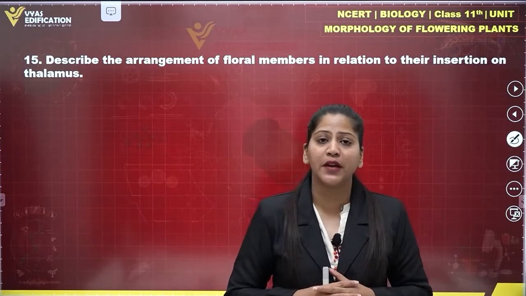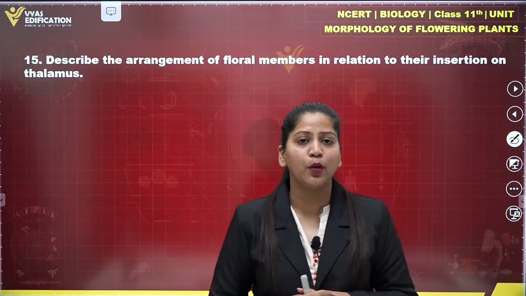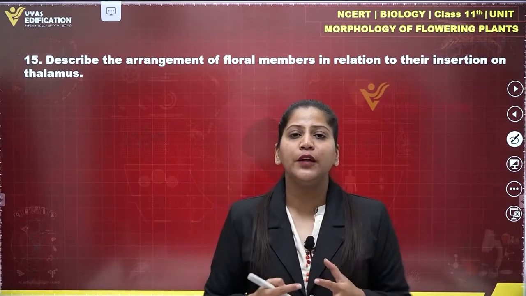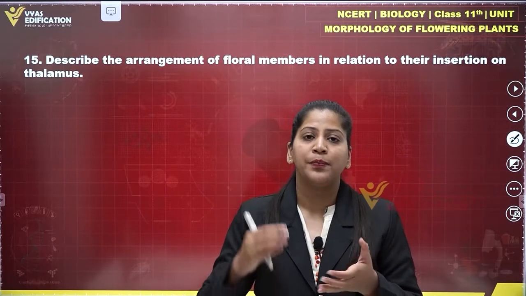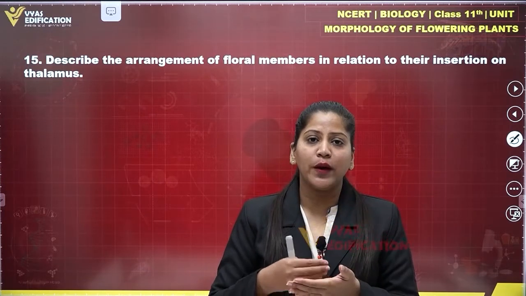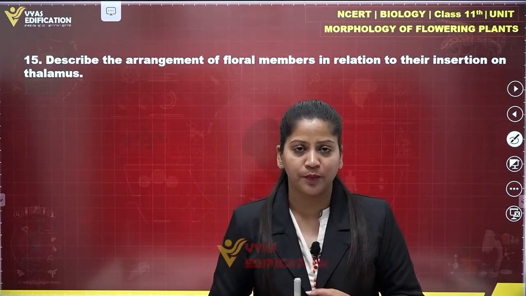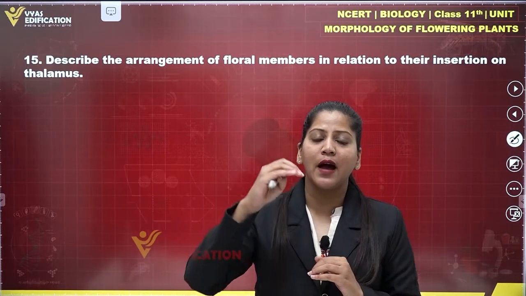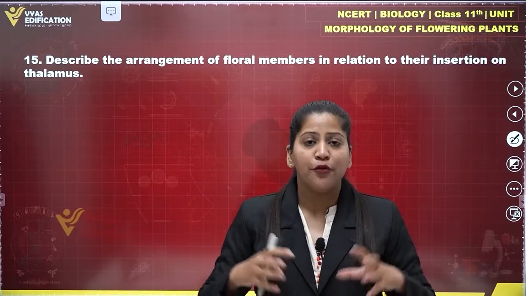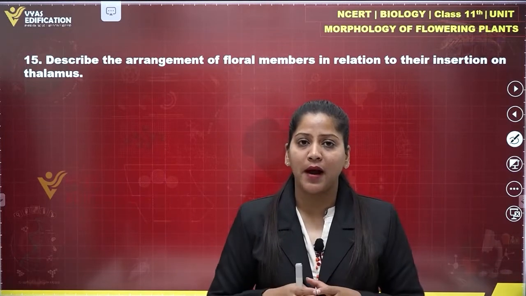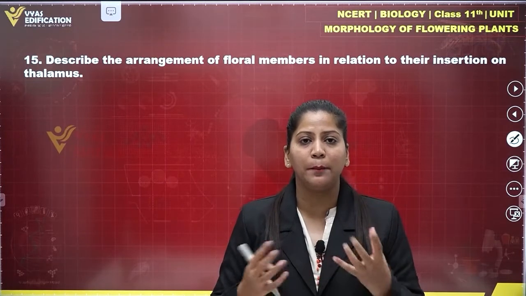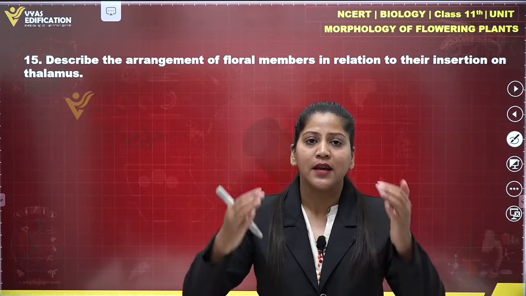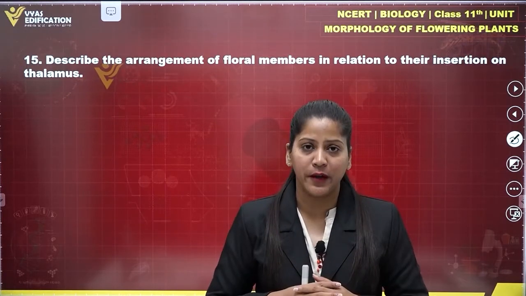If we talk about the very first type of flower, that is hypogynous flower, in these type of flowers, the ovary is situated at the highest position, whereas all other floral parts such as stamens, calyx and corolla are present below the ovary.